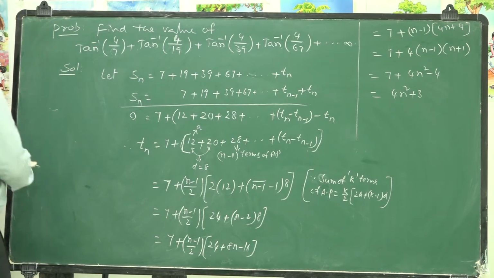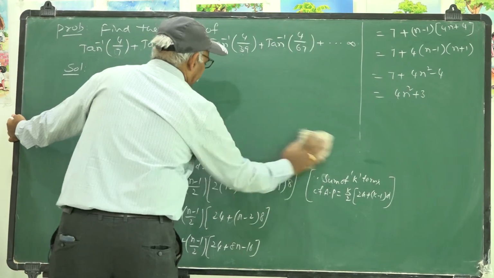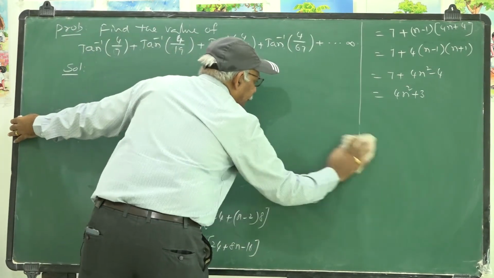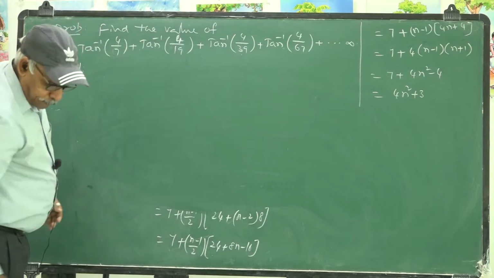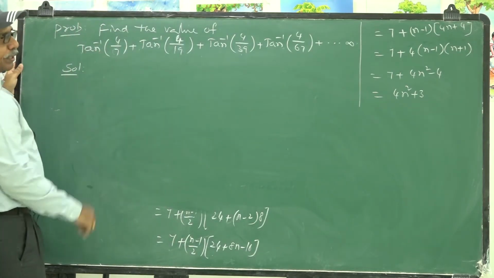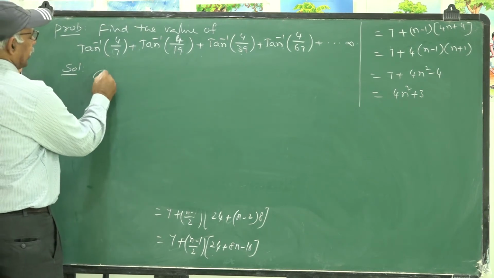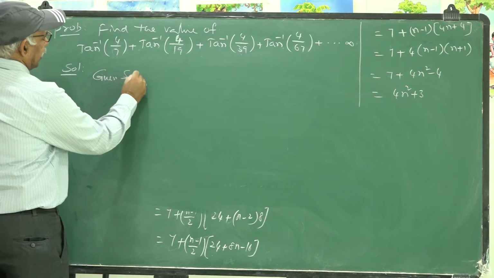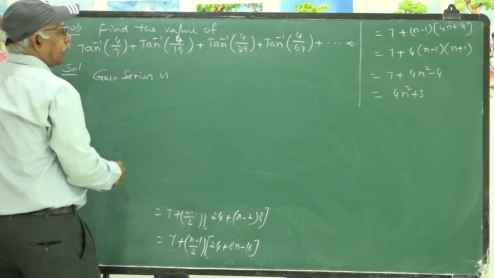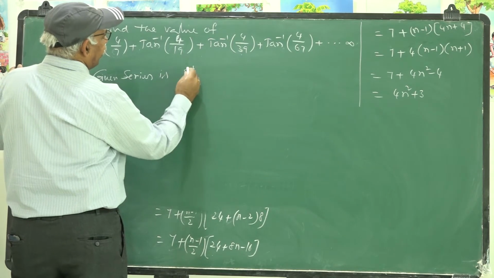Now, coming to the sum of the series. The given series is sigma k from 1 to infinity.